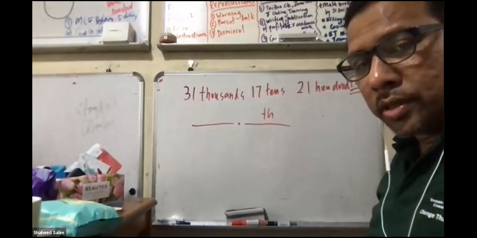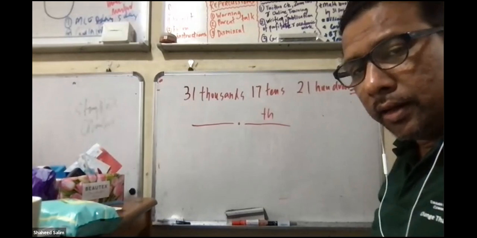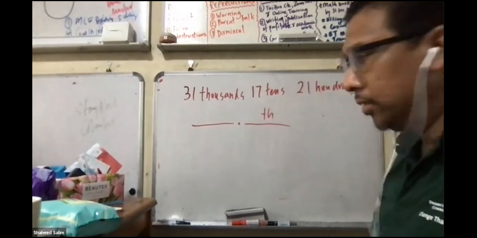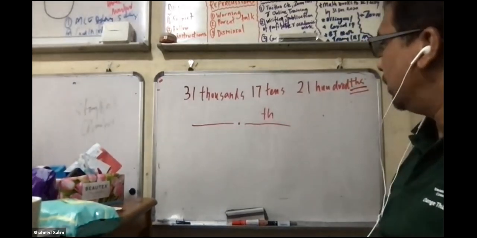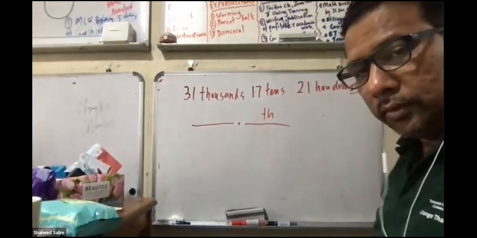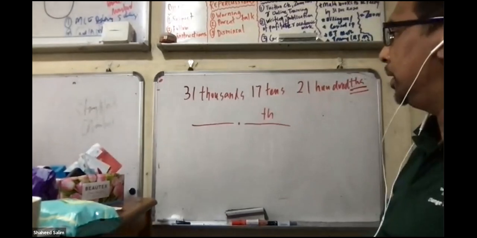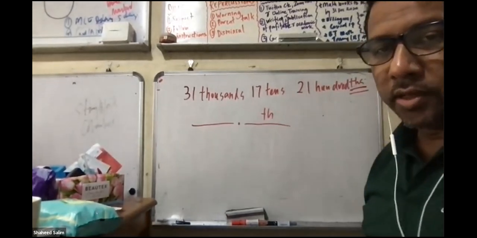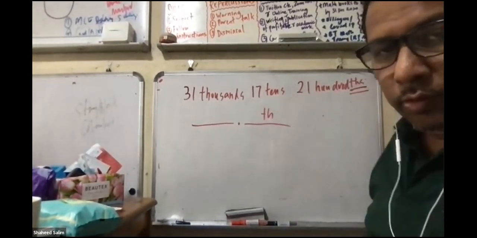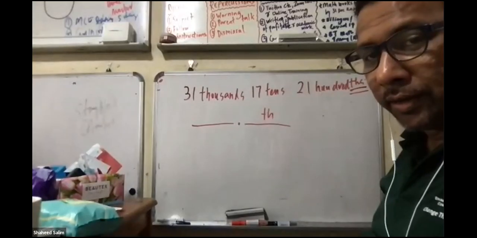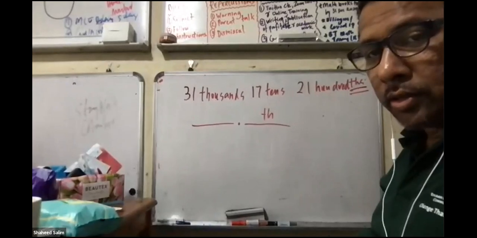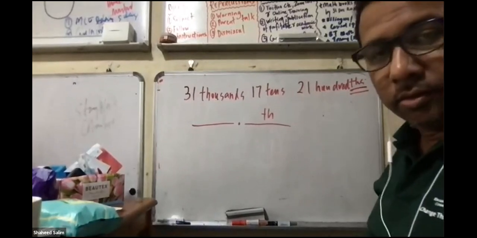There's error in that. The hundreds is correct. There's error in that, Shalina. Thousands, how many zeros follow 1,000? Yours is 3,000.